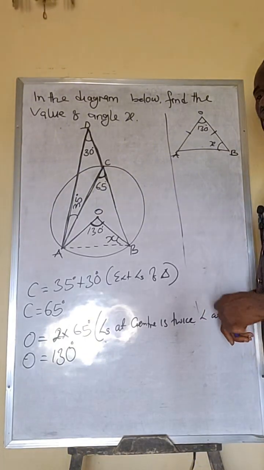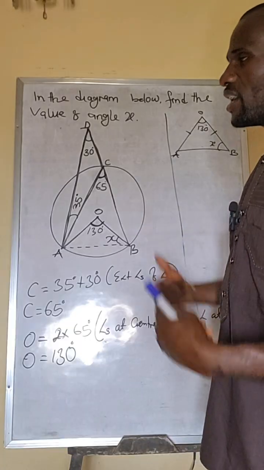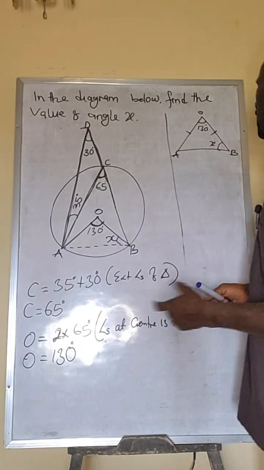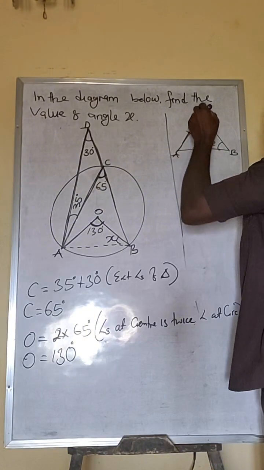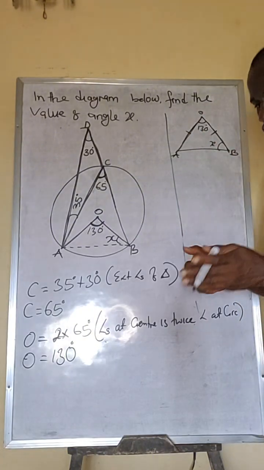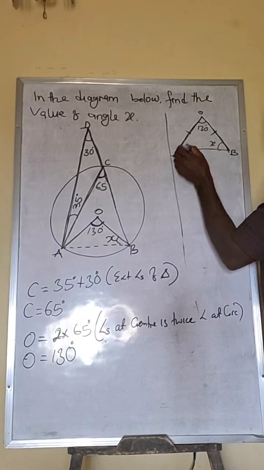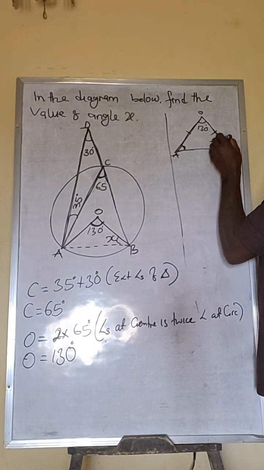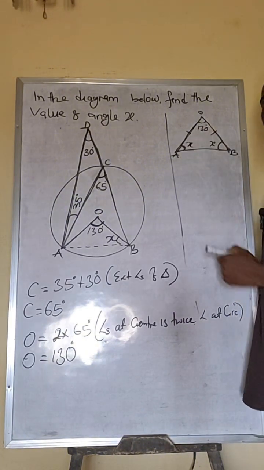An isosceles triangle says that the base angles are equal. What are the base? The two lines that have marks open as they go down. So this angle A and this angle B are equal. So if here is X, then here should also be X.